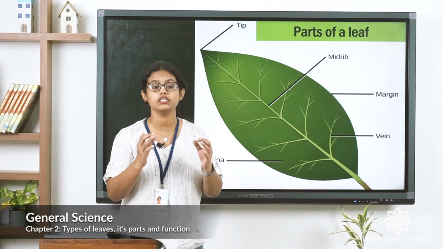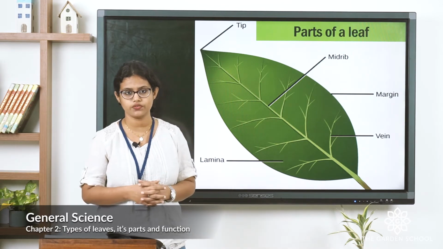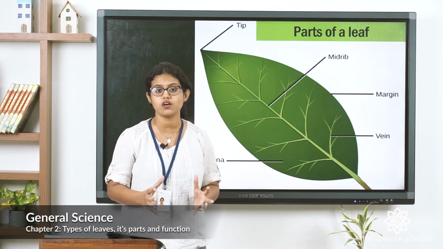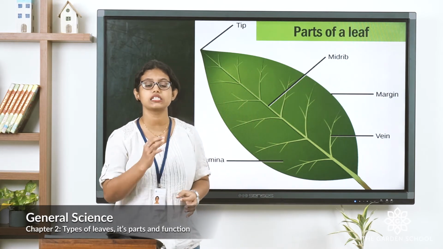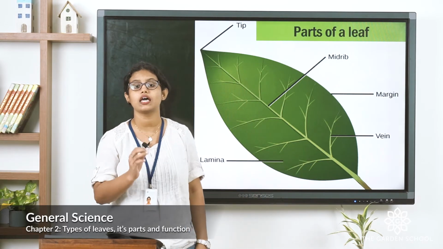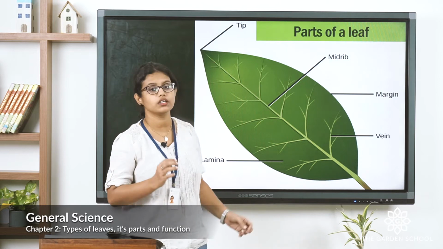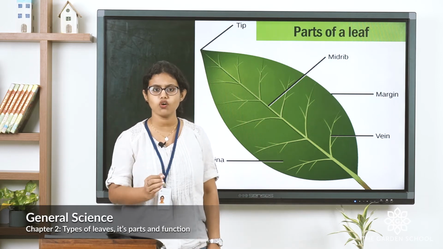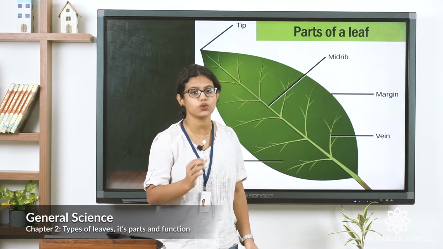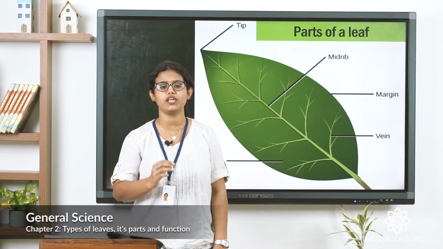So these are the different parts of a leaf. The first part is the lamina. The flat, broad surface of a leaf is called the lamina, and the outline of the leaf is called the margin, and the topmost point of a leaf is called the tip, and the center vein is the main vein of a leaf.